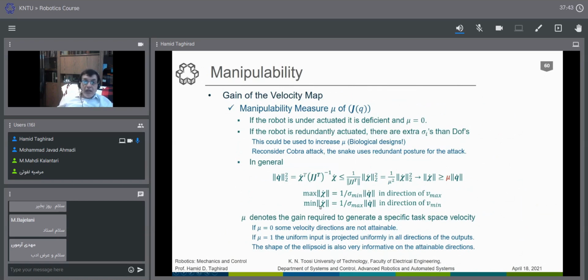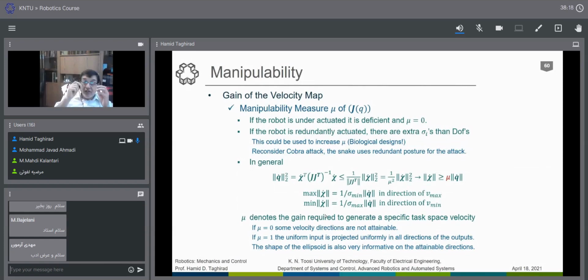We will use this relation quite extensively to find this ellipsoid shape for simple manipulators. As you see, mu denotes the gain. This mu, or the sigmas, gives you the gain between the speed of your actuators and the task space.